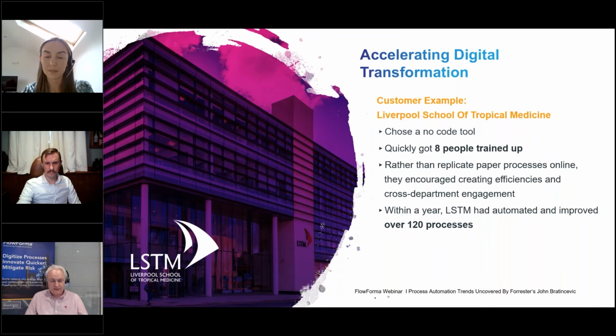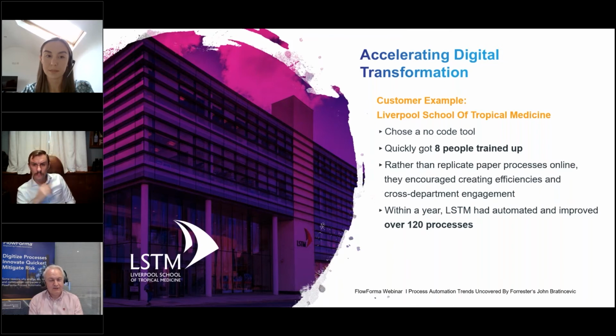We got 8 people trained up, and then, rather than having those paper processes, they decided to encourage people to start using FlowForma to digitize processes. They selected the finance department as the main target for automation at the outset.